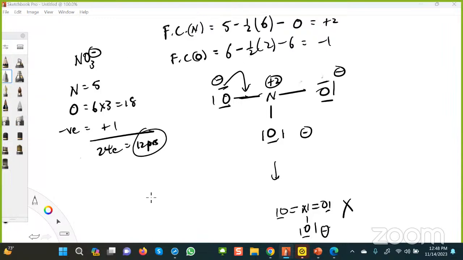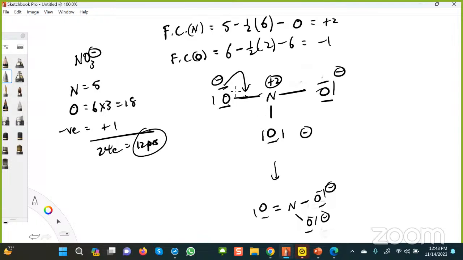So the final answer, oops, let me erase this here. Okay, so the final answer is going to be O double bond N, and then O minus, and you're going to have O minus here as well.